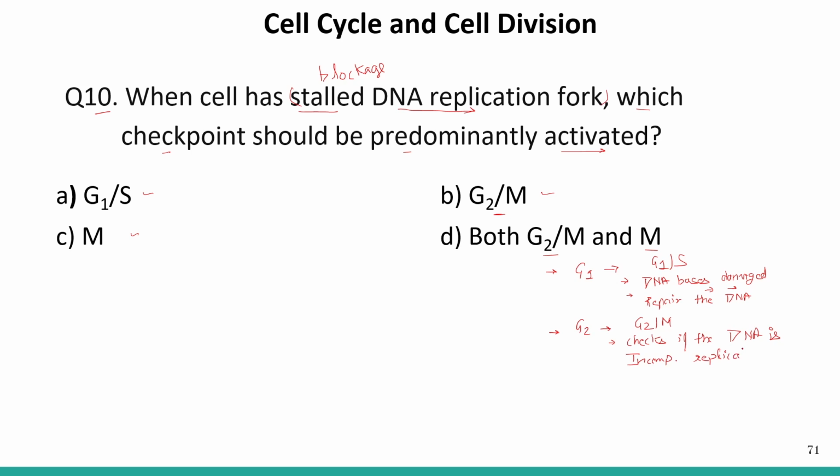Or if the DNA is damaged, then this checkpoint is activated and it won't allow the cell to go to the next stage. All right. Third checkpoint is the M checkpoint or the mitotic checkpoint. So this checkpoint is present at the metaphase, between metaphase and anaphase.